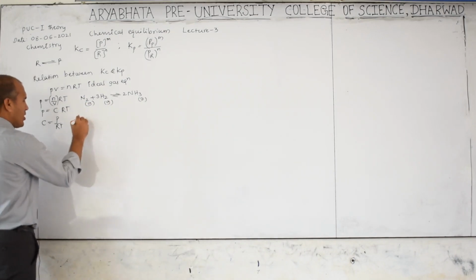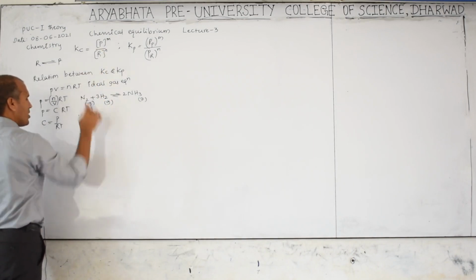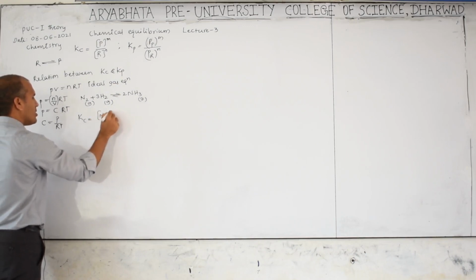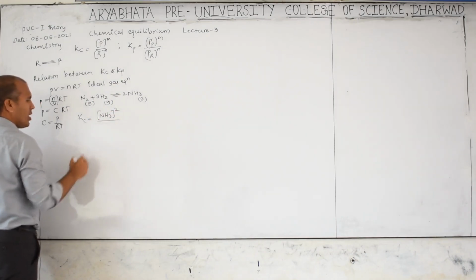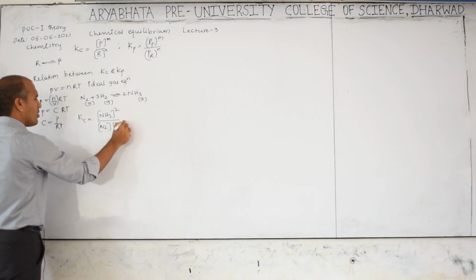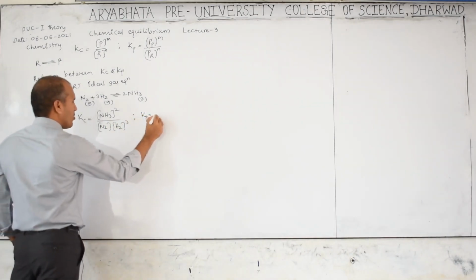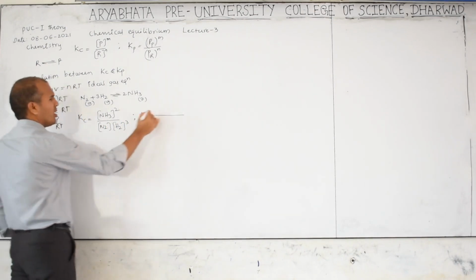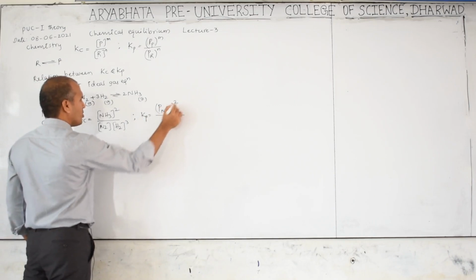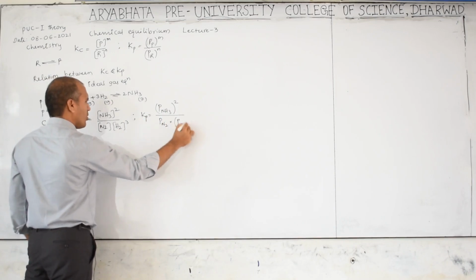For this equation, Kc is equal to product concentration over reactant concentration: NH3 concentration power 2, denominator N2 concentration and H2 concentration power 3. Kp is equal to the partial pressure of ammonia whole power 2, over the partial pressure of nitrogen into the partial pressure of hydrogen whole power 3.